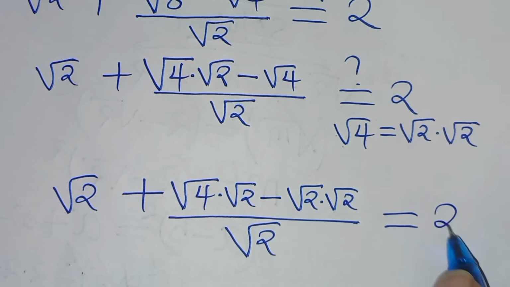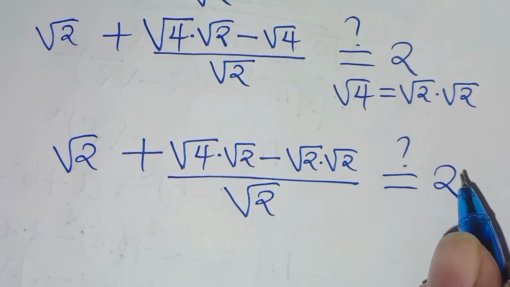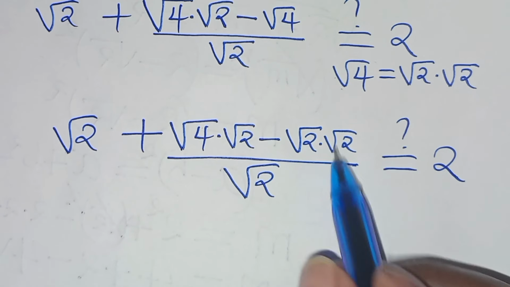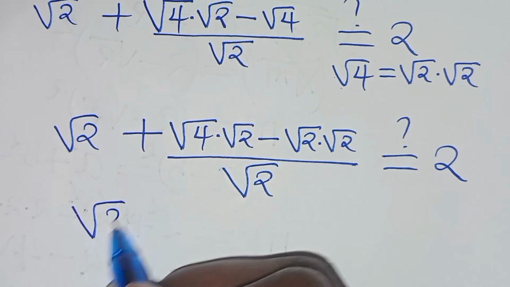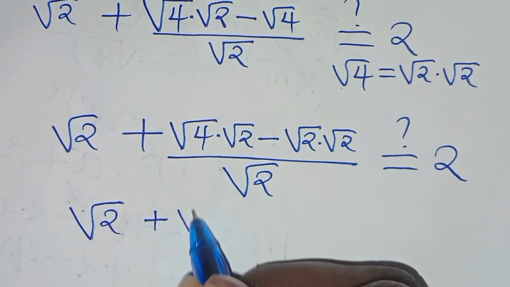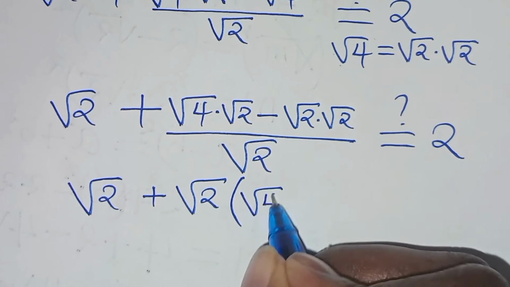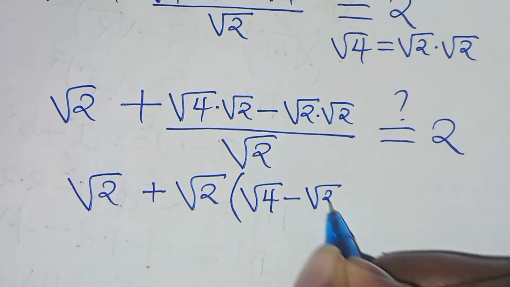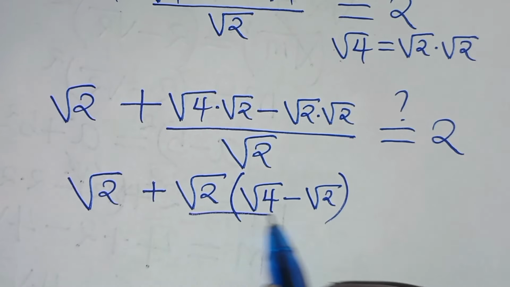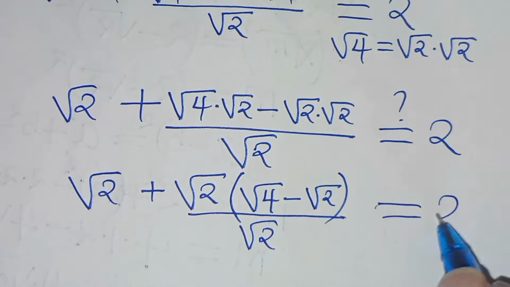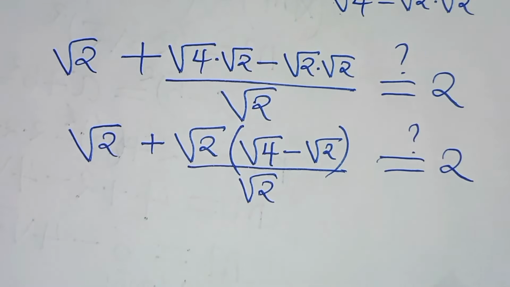This is supposed to give us a value of 2. Now, square root of 2 is common from here, so we can factor out square root of 2. So we have square root of 2 into the parentheses, square root of 4 minus square root of 2, close the parentheses, divided by square root of 2. This is supposed to give us a value of 2.